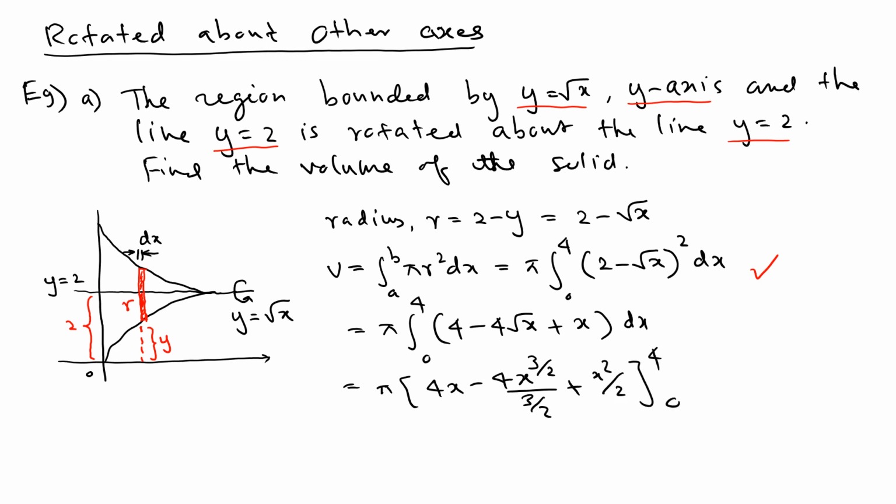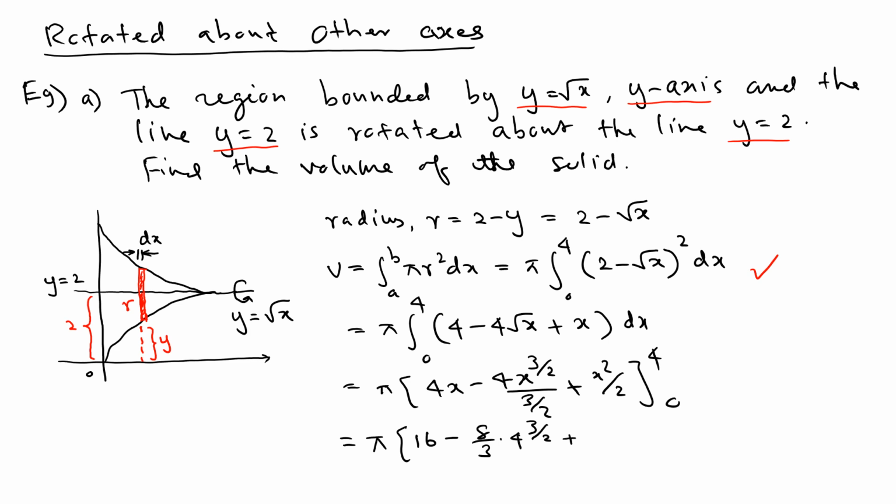When you evaluate at 0 it's gone, so we only need to evaluate at 4. If you plug in 4, you get 16 here, minus you can write this one as 8/3 first, and this is 4 to the 3 halves. That's very simple. We take the square root first, which gives 2, then cube it, which means 8. So you get 8 here.